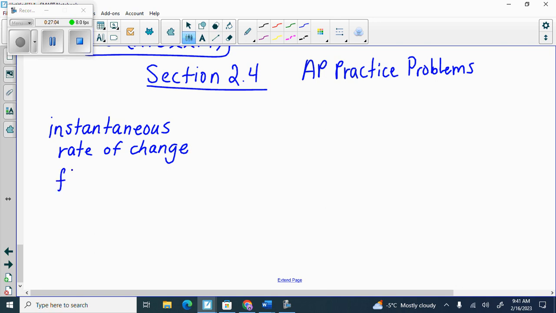So it's f prime at a specific x. For AP practice problem 1, it asks for the instantaneous rate of change at x equals negative 2. So you find the first derivative using quotient rule, and then plug in negative 2 for the x's. So it wants f prime of negative 2, technically. So you find f prime first, plug in negative 2. That's all it is. That comes up a lot.